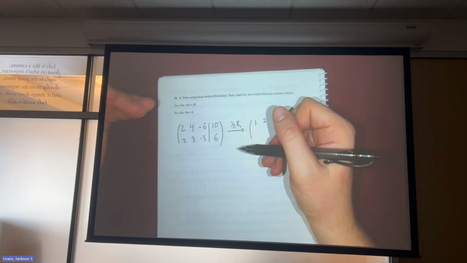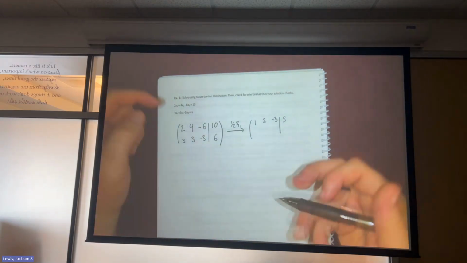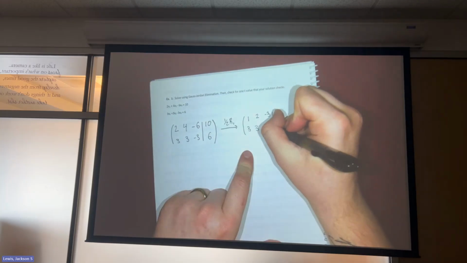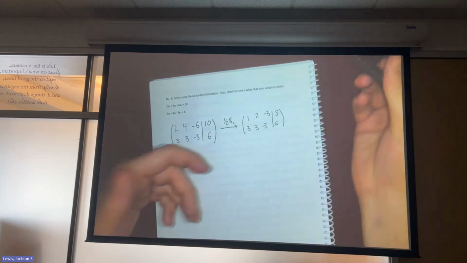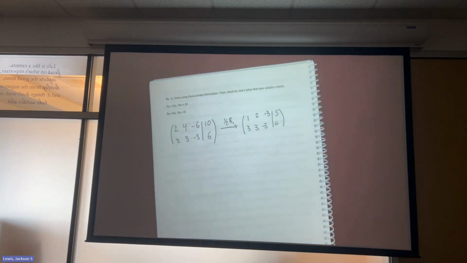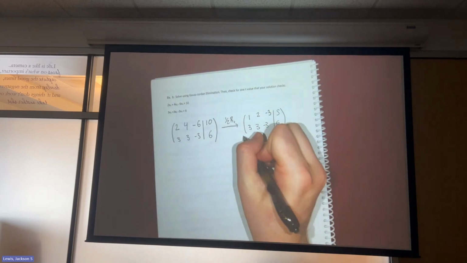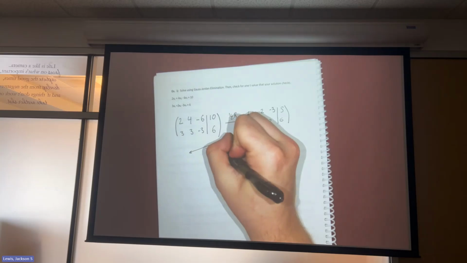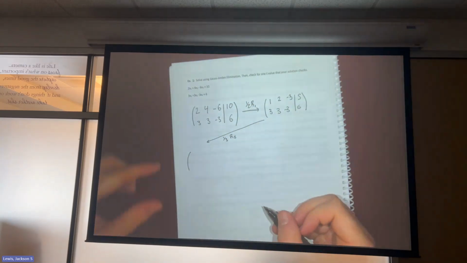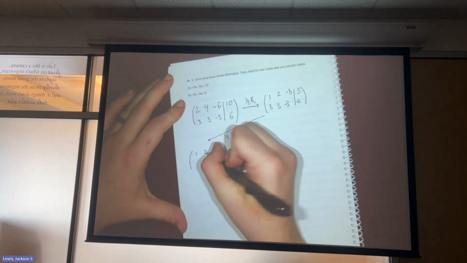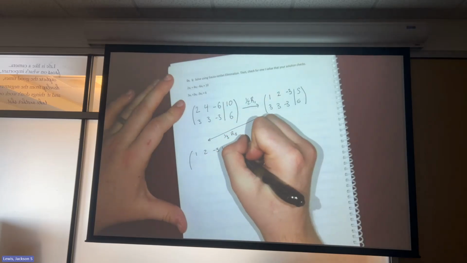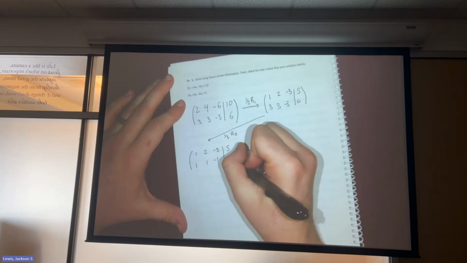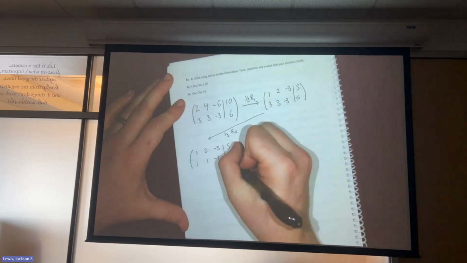Typically, you only multiply one row at a time and then go through, so I'll just do that one. So 3, 3, negative 3, and 6. Then in another step, I'll multiply the bottom row by 1/3. So 1/3 R2. The top row is staying the same, I didn't touch it. 1, 2, negative 3, 5, and 1/3 gives me 1, 1, negative 1, and divide that by 3, I get 2.